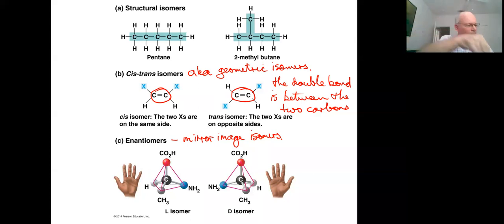So here comes the other one, and I'm going to hold it in the same orientation, but now you can see that the brown and the white have swapped sides. Orange is still at the top. Blue or purple is still facing you, it's still facing the camera, but the brown and the white have swapped sides.